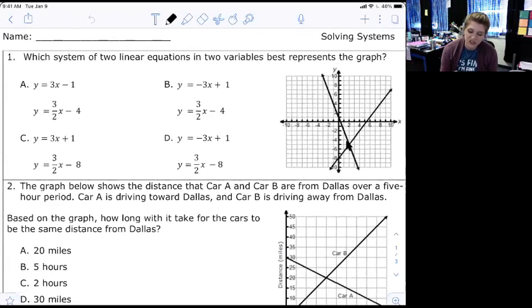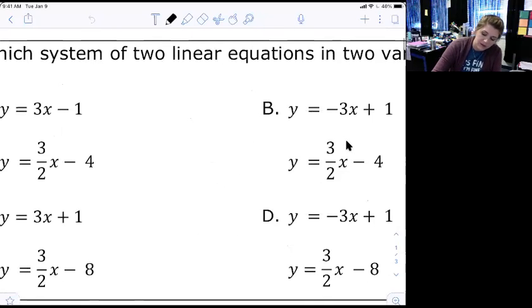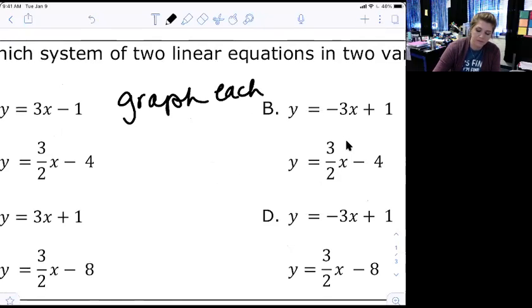It says which system of two linear equations and two variables best represents the graph? So here's what you guys have to do for this first question. One, you have to graph them. You're going to have to graph each of them. Then you're going to be pressing menu.